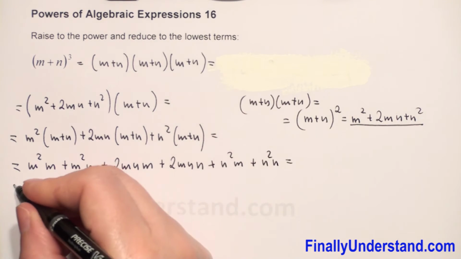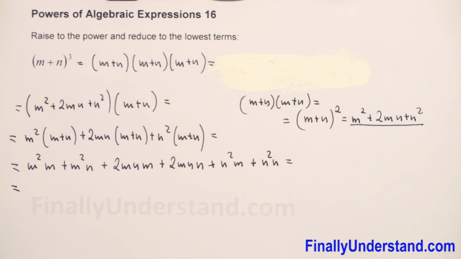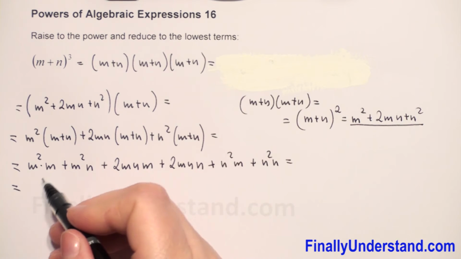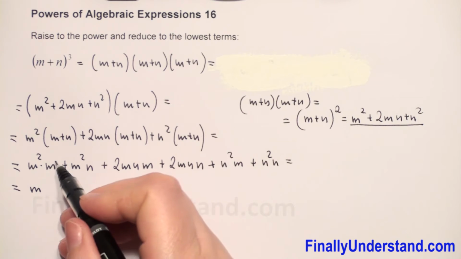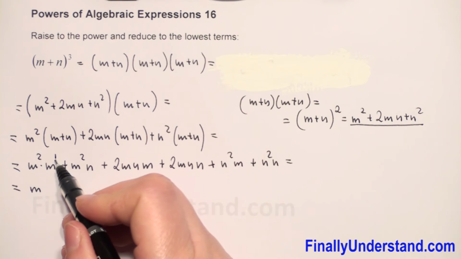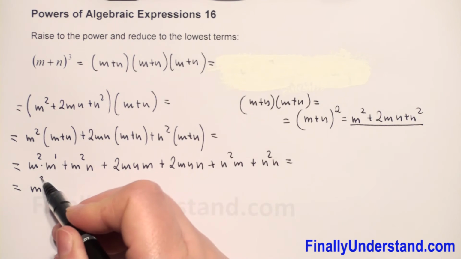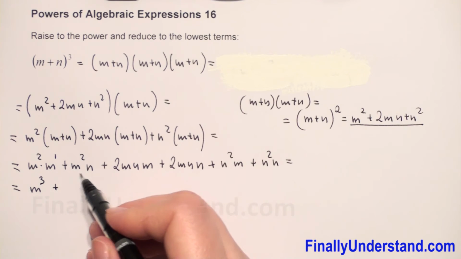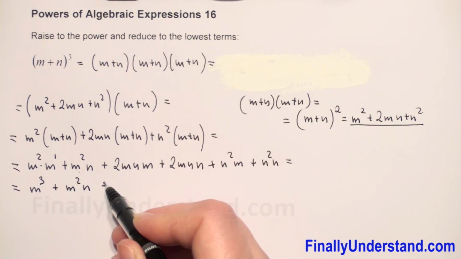So this is equal. Now we have to do multiplication. We have the same base, multiplication, so we copy the base and we add exponents. When we don't have one, it's always an invisible 1. So 2 plus 1 is 3. Plus, now we have different variables, so we have to copy m squared n. And we have plus.